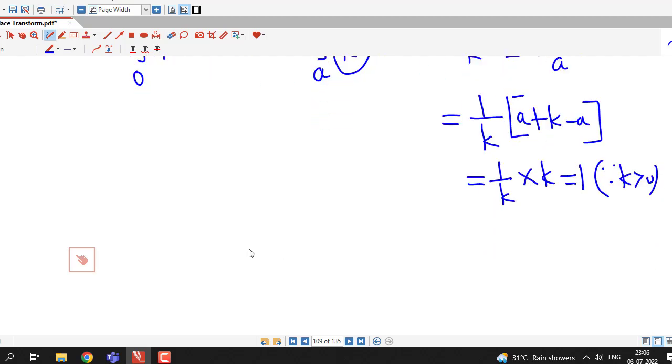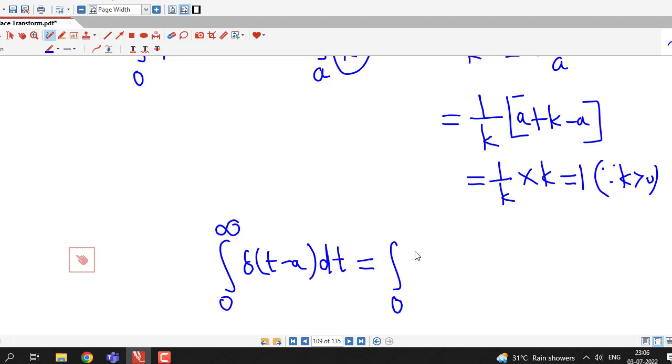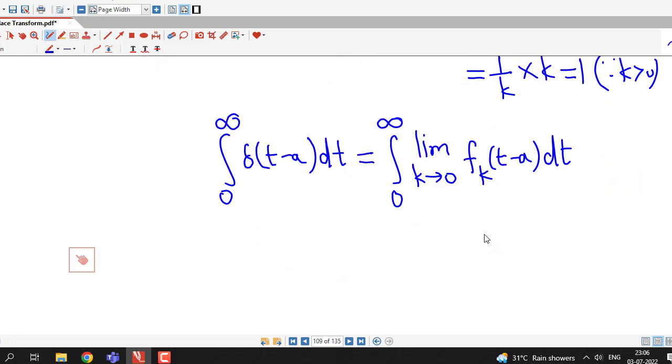Now if you are interested in the integral of delta(t minus a) with respect to t, then using the definition of this delta(t minus a), we can write this as the limit of f_k(t minus a) as k tending to 0, and because the integral is with respect to t, we can take the limit outside the integral.